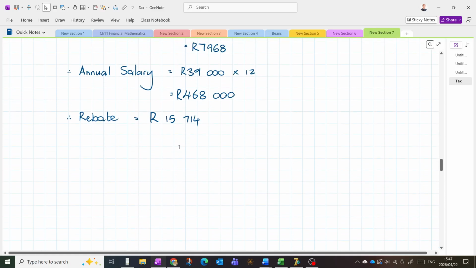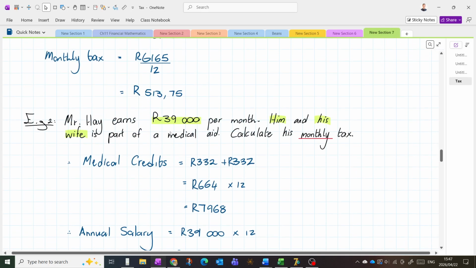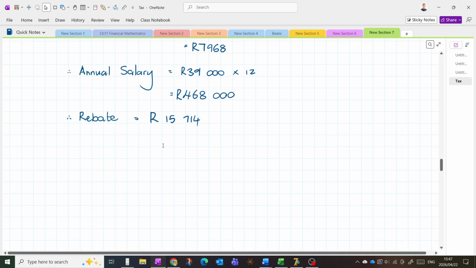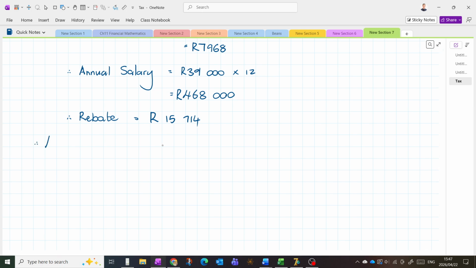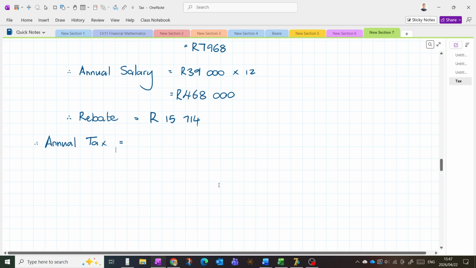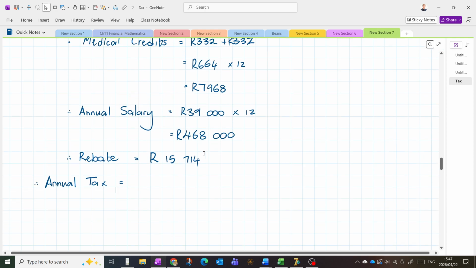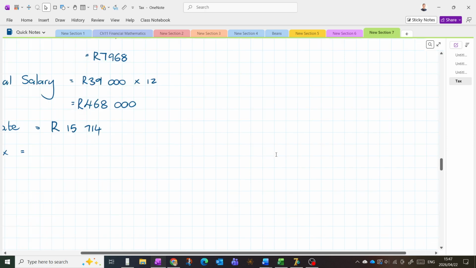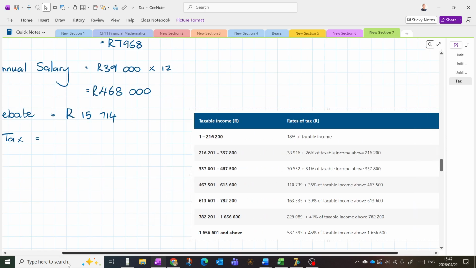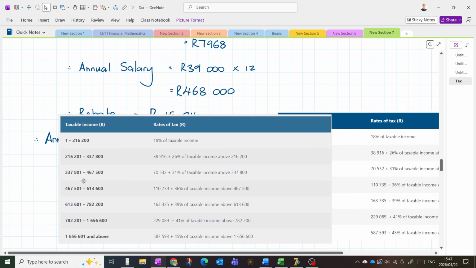Okay, so there's this rebate. Then we've actually got everything to calculate his annual tax. Okay, annual tax. Now, I don't know what's the last thing I copied. Let's see. Tax table. Good. Let's just look here.